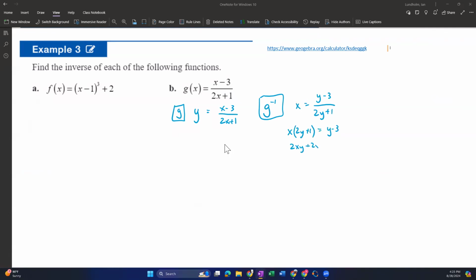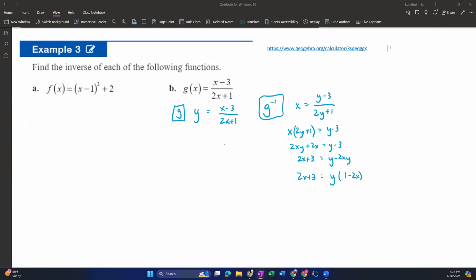2xy plus 2x equals y minus 3. Let's get all the y's on the same side. So let's go 2x plus 3 and y minus 2xy. Then we use the distributive property again to go 2x plus 3, we pull the y out, that's 1 minus 2x.